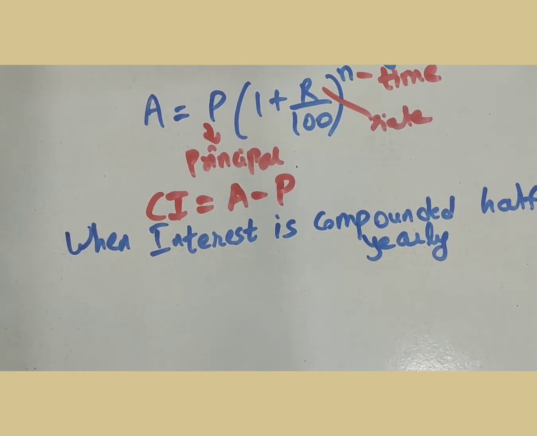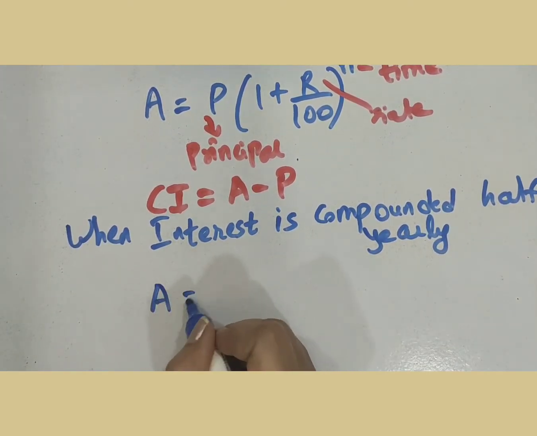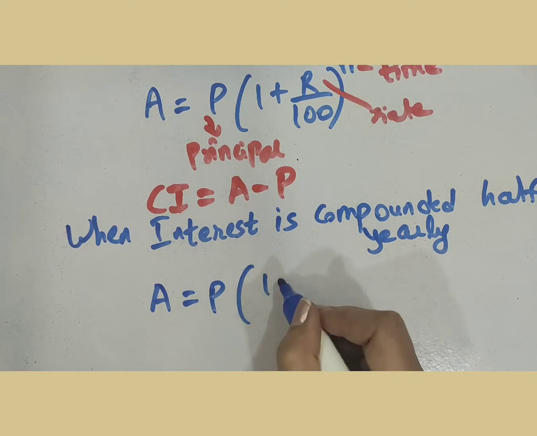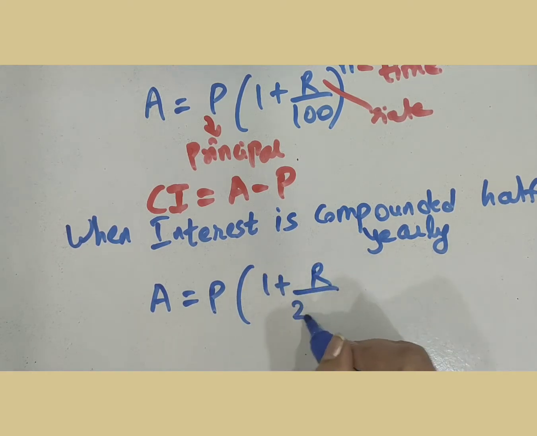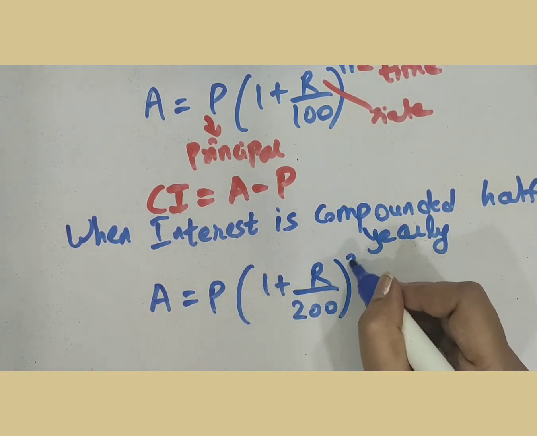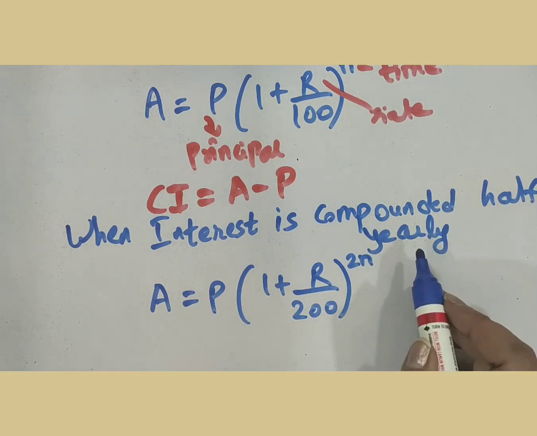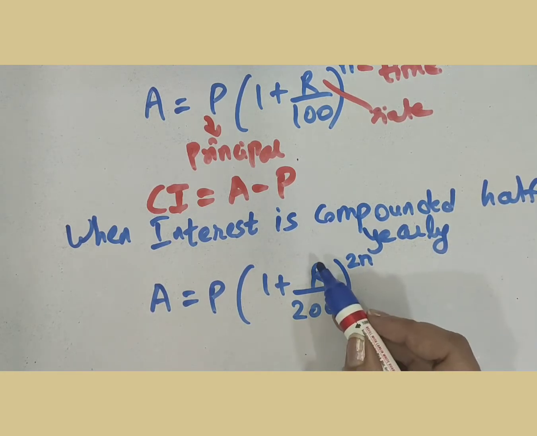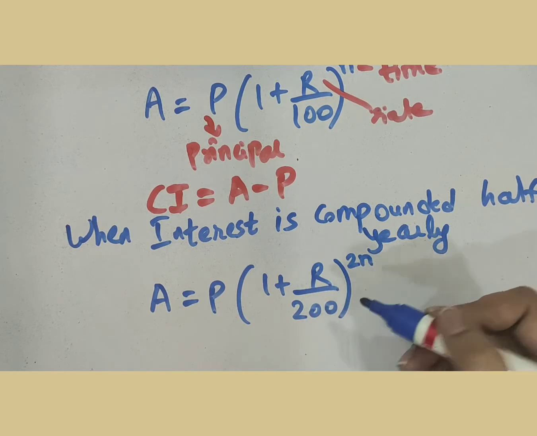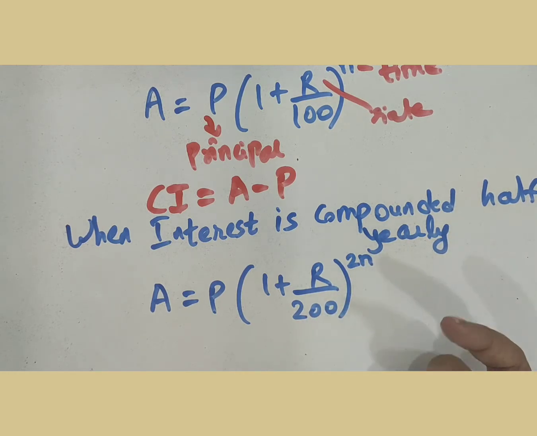So your formula for amount will be principal into 1 plus R upon 200 whole raised to 2n. When it is compounded half yearly, the rate will become half and the time will be twice, as you have to calculate 2 times.